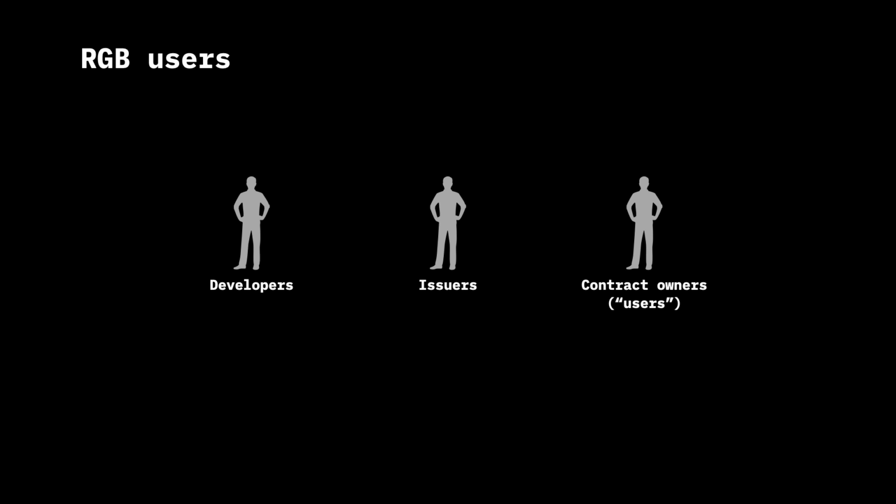Issuers is a role which is non-typical for blockchain-based smart contracts. And in RGB, we deliberately distinguished issuers from developers. So issuers are those parties who issue smart contracts. For instance, it could be a company that issues its own corporate shares, or a company that issues a stablecoin.